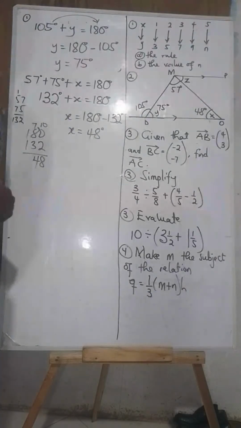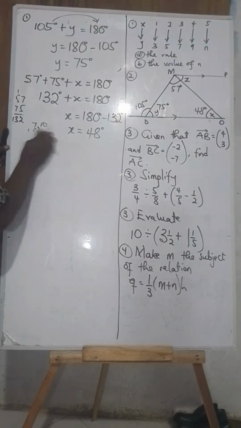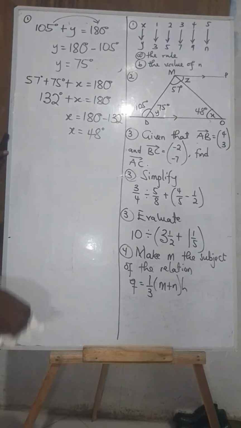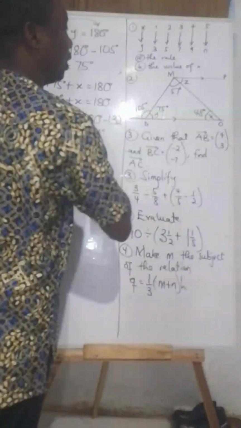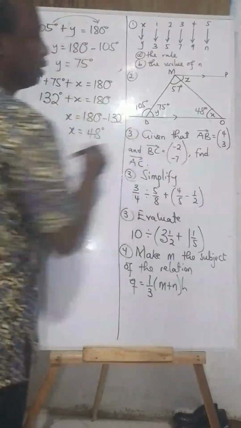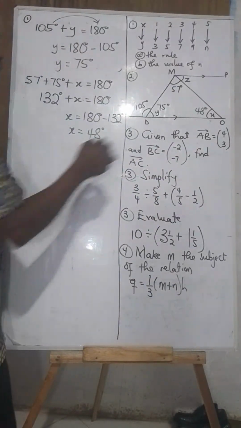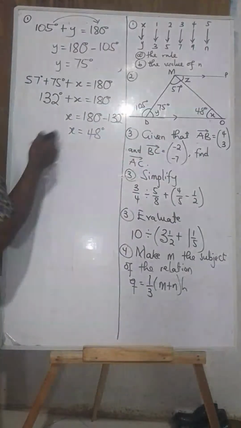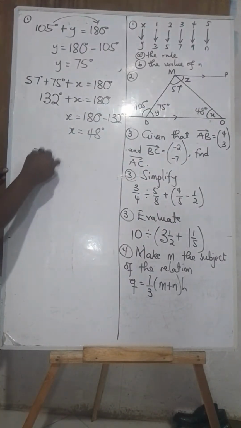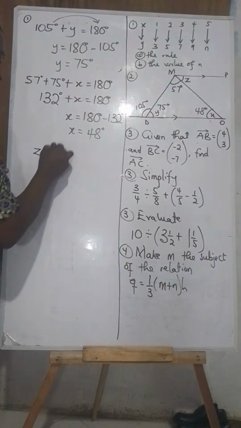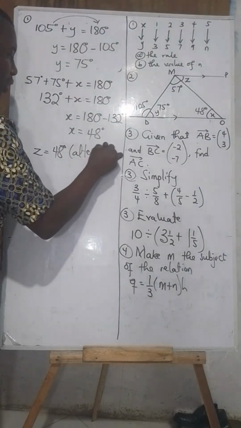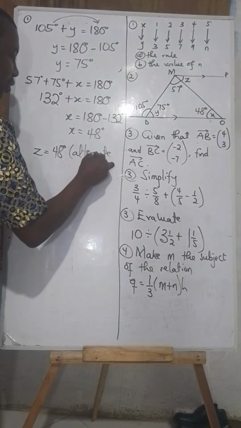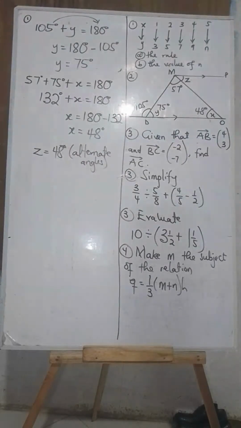Okay, so now to solve for z is very simple. You don't need to even calculate anything. This z is alternate angles. So z is equal to 48 degrees, and that is alternate angles, right?